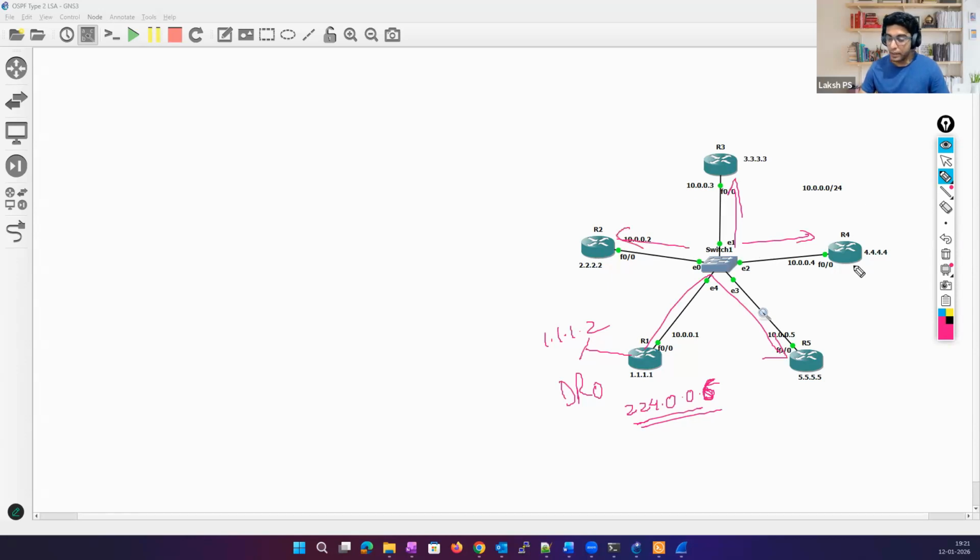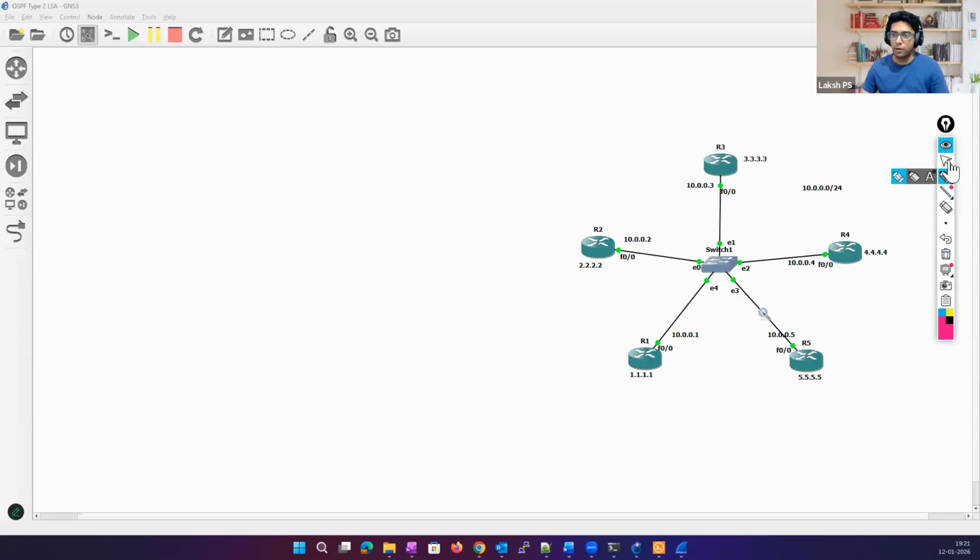But all of them will not listen to this particular multicast address. Then R5 will share this information with all the other routers.